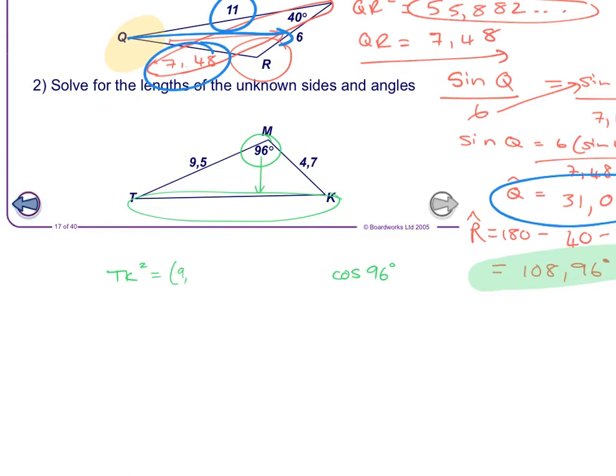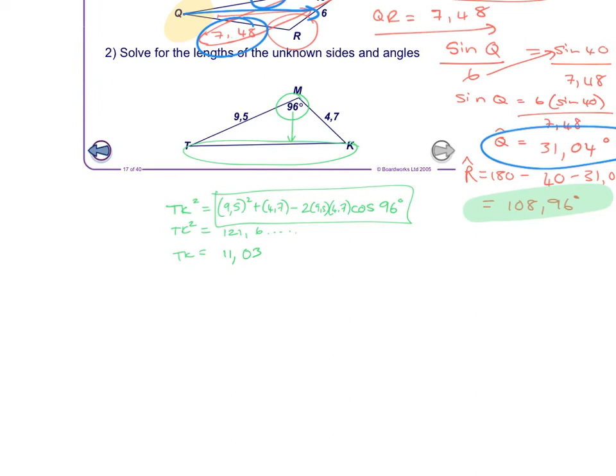Then we're going to use the other two sides, square them, add them together, subtract 2 times 9.5 times 4,7 times that cos 96. Pop that all into your calculator in one go, get an equivalent, and then square root it to get TK by itself. And we get 11,03 units.